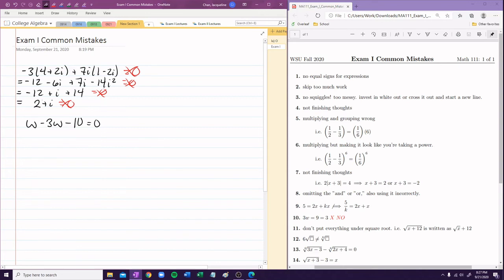Some people would skip this whole W minus 5, W plus 2. Some people would just go straight here and tell me W is equal to 5 or negative 2.